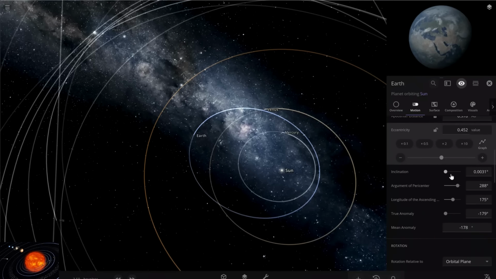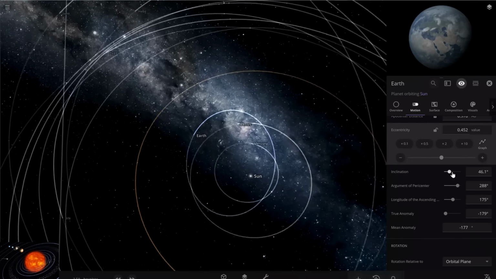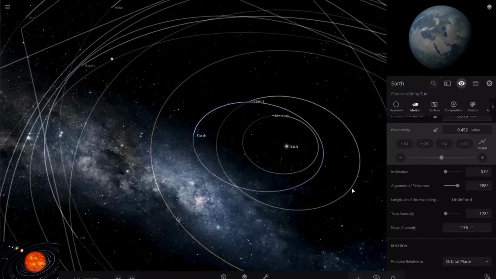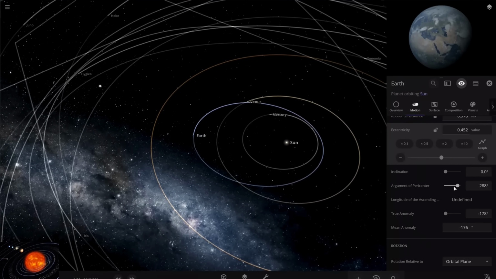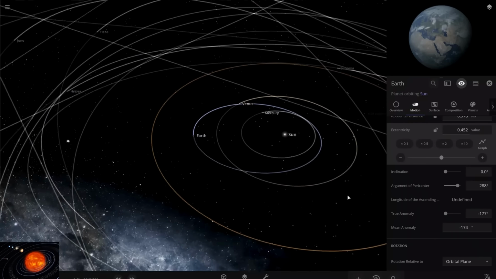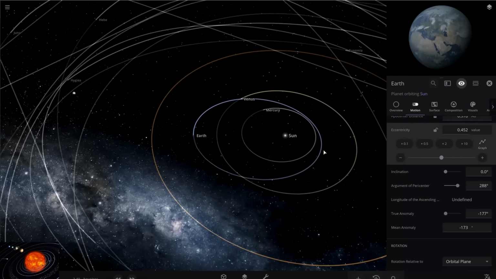And also we have inclination, which we can change also here. See the results, which show the angle between the orbit of the Earth and other orbits. If this is 0, you can see it's a circle in the same surface with the other orbits.